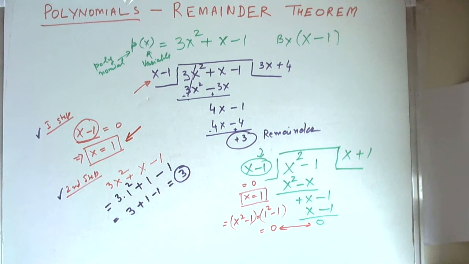If the polynomial is having variable x, then we find the value of x from the divisor. And then using that value of x, we substitute in the polynomial and find the value after substitution. And the result is the remainder.